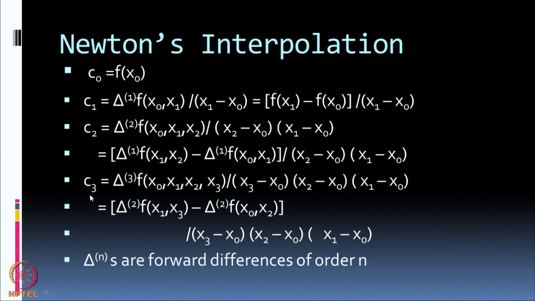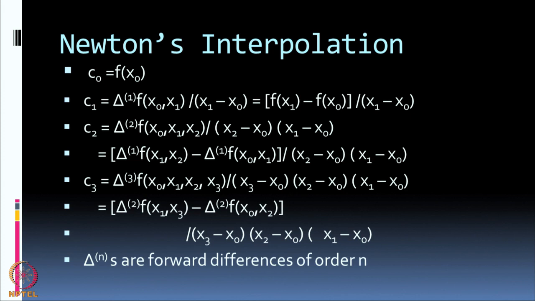Now, suppose I want to extend to higher orders. If I want to extend to higher orders, I will need higher order coefficients. So, if for C3 I had a third order forward difference, for C4 I will have a fourth order forward difference, for C5 a fifth order difference. So, one of the main strategies in interpolation is you do not use very high order polynomials.